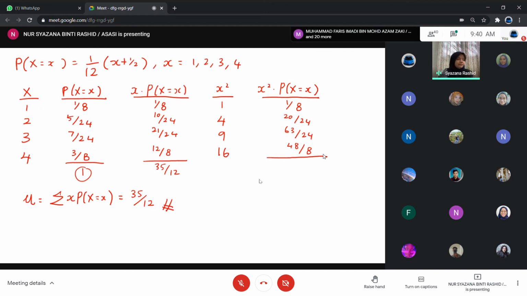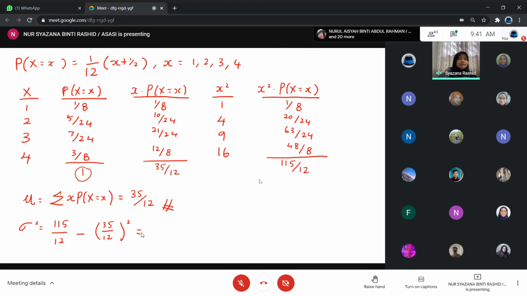Boleh saya dapat jawapan? 115 over 12. Yes, correct. 115 over 12. Is this the variance? No. Not yet. Okay. So you need to take this one. 115 over 12 minus mu square. What is mu square? Mu square is 35 over 12 square.